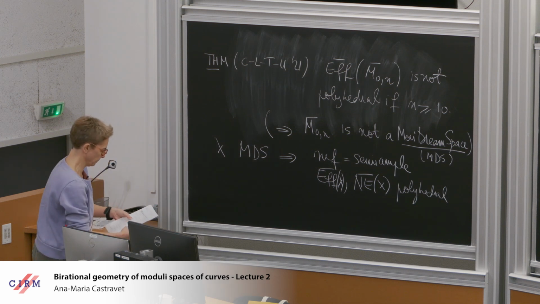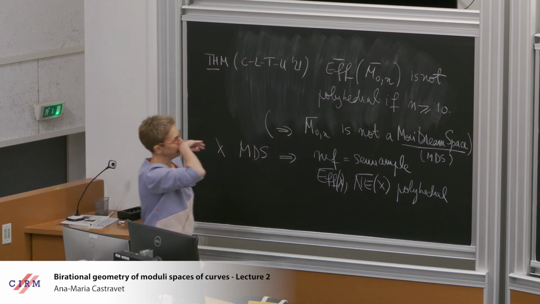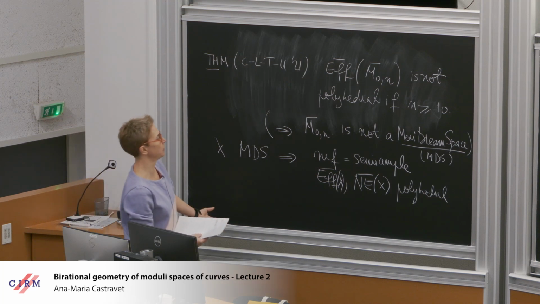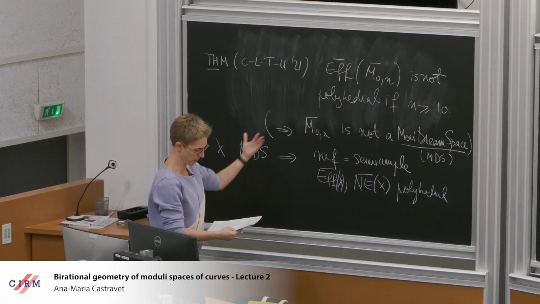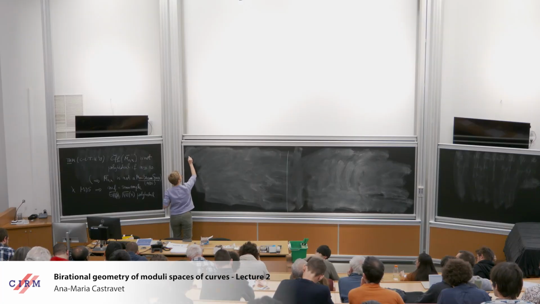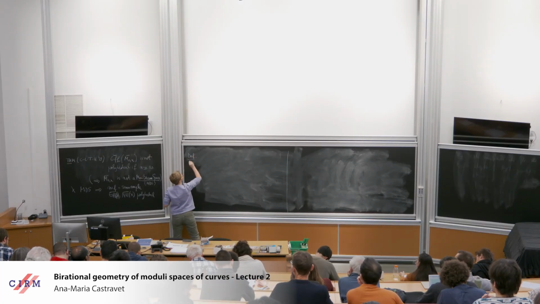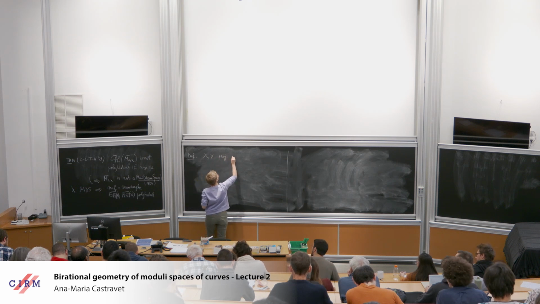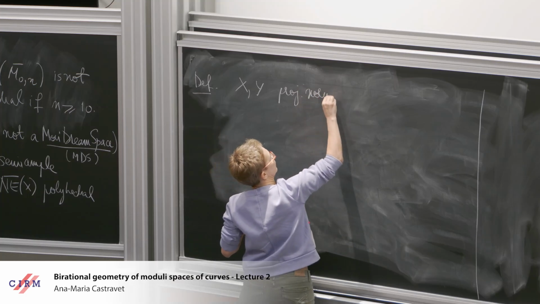Okay, so the idea here is to try to simplify the space and reduce the same kind of questions to simpler spaces. So let me make a definition. Let's say I have two projective varieties, normal Q-factorial.